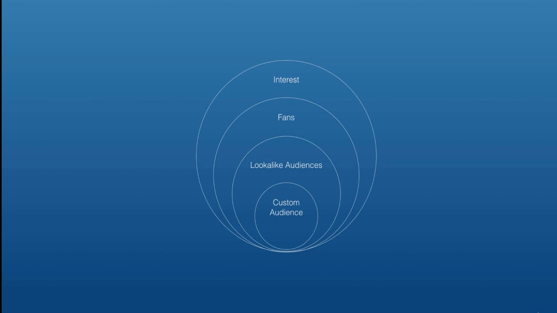And then there's custom audiences. So a custom audience is really super laser targeted. That's the most valuable data that you have available. As we've seen in the previous video, these can be email addresses, phone numbers, app user IDs, or just website visitors. So these are really people who engage with your brand in a very specific way.